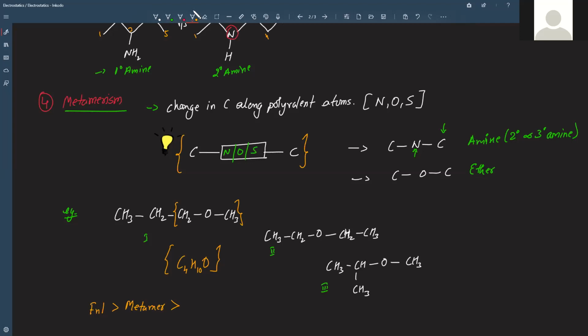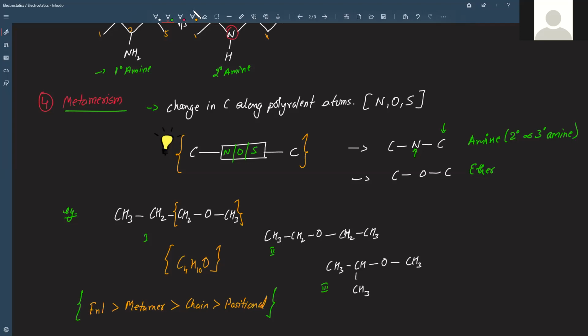And once that is established, then we will go for chain isomers. We'll find whether there is a difference in chain or not. If there is no difference in chain, then we find whether there is a positional isomer or not. So positional has the least priority. Right? This is the order of preference for deciding which type of isomer the given compounds are.